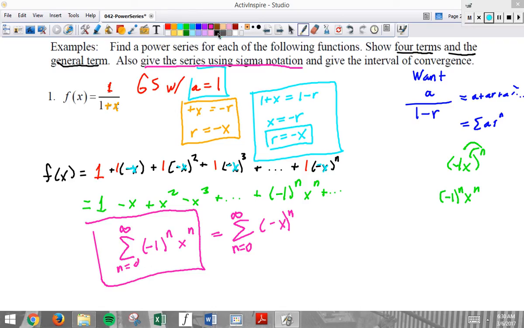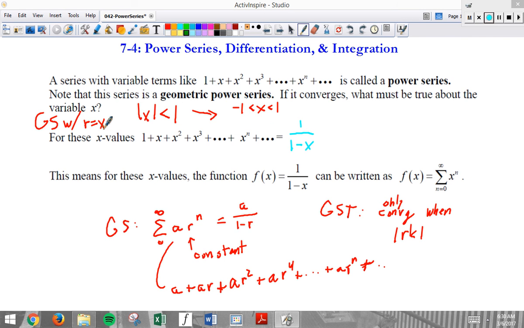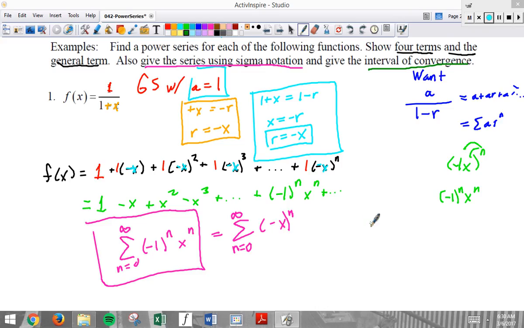It also asks me for, and I know this problem asks you for a lot, the interval of convergence. The interval of convergence, that would be this part here. I want to set the absolute value of r, the interval of convergence. We want the absolute value of r less than 1. What's r in this case? r is negative x.